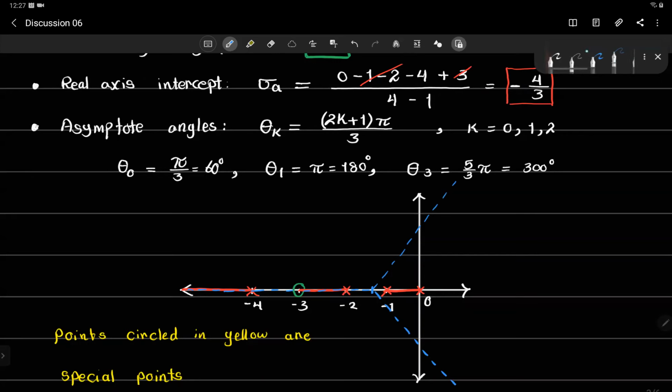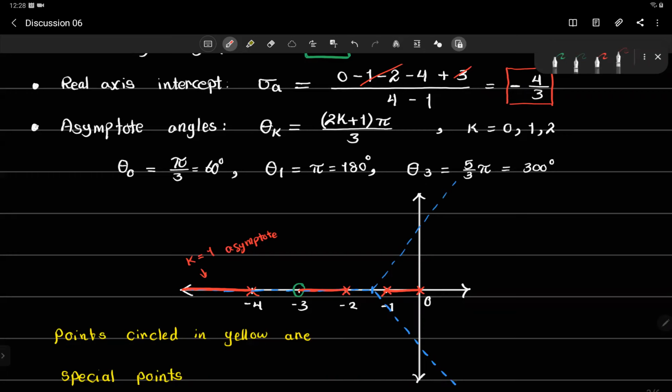So we know that the root locus exists on this segment here, which is a segment to the left of -4, and this is an asymptote, right? This is the asymptote that goes to infinity with an angle of 180 degrees. So this is the first asymptote, let's call it the k equal to 1 asymptote, okay?